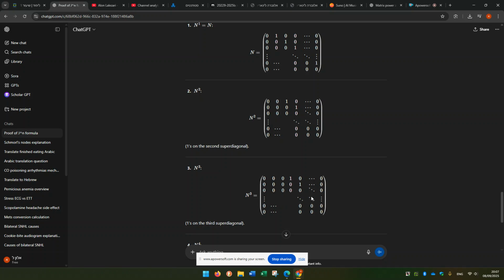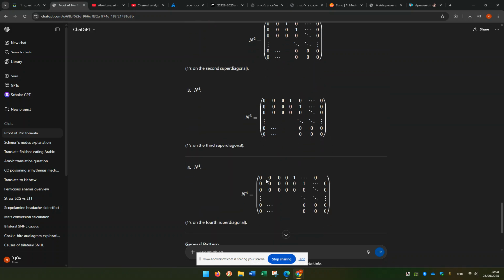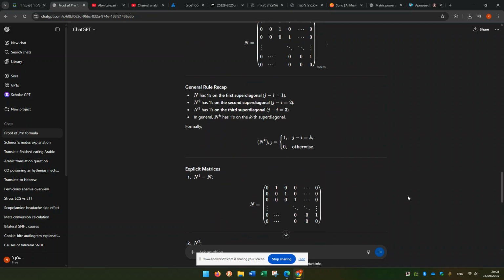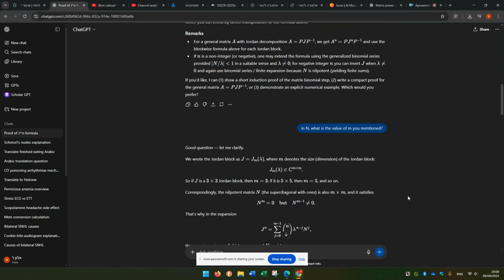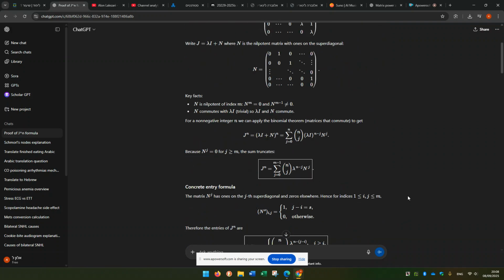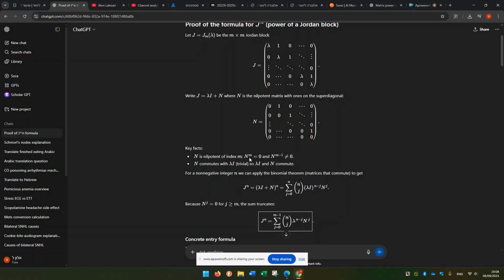N to the power of 4, another step to the fourth super diagonal, and so on, until we get to N to the power of m minus 1, which is a single 1 over here, and N to the power of m, where everything is 0. This is, of course, not a proof, but it gives you motivation as to why N to the power of m, where m is the size of the matrix, is 0, and N to the power of m minus 1 is not 0, it's just the 1 over here.